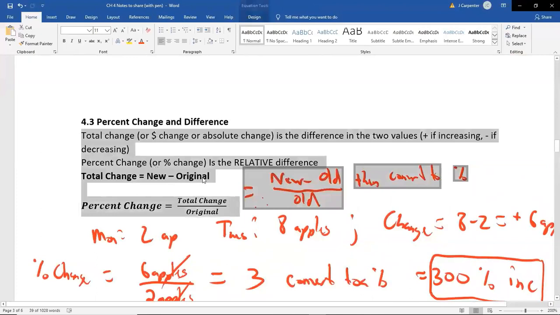Total change is the difference of new and old. Percent change is the ratio of total change to the original and then convert it to a percent. Don't forget that last bit. Total change is the difference. Percent change is the ratio of total change to the original. Remember your interchangeable words. Absolute means total. Percent means relative.